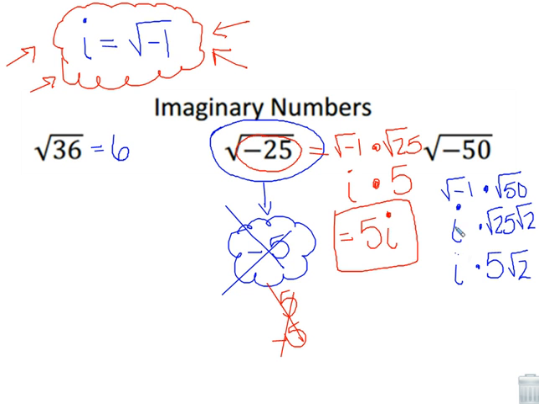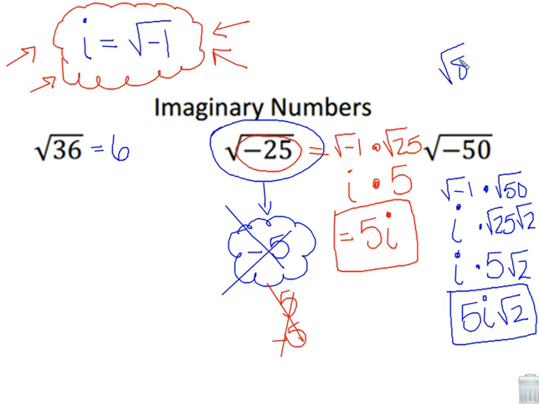So if I take my imaginary i times this outside 5, I can get 5i, kind of like how we rewrote it over here, but I still have the square root of 2. All right, so let's check this answer out. The 5 and square root of 2 come from simplifying the 50 part.